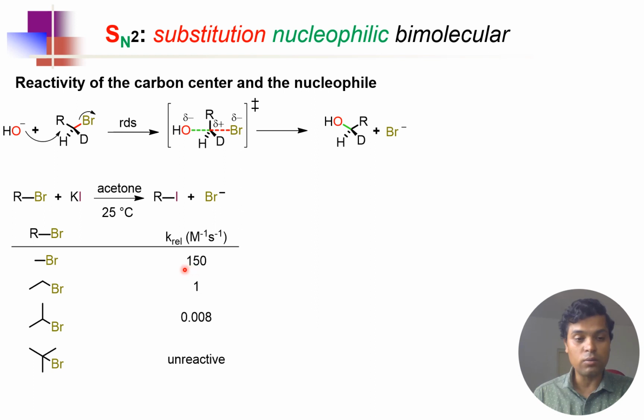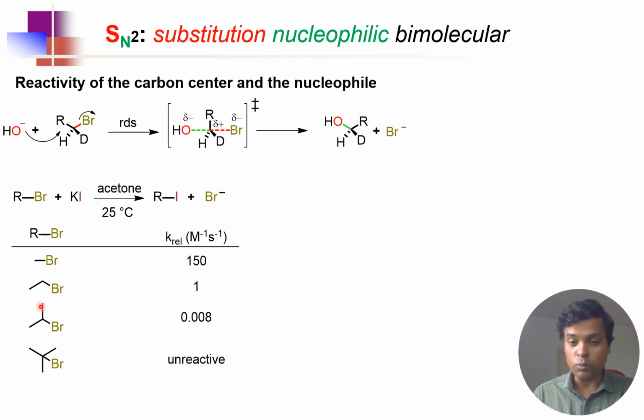If you consider this particular compound, your R is the CH3 group and the other two are hydrogens. For methyl, all are hydrogens, which means the backside is completely free of steric crowding, and therefore the reaction is faster.